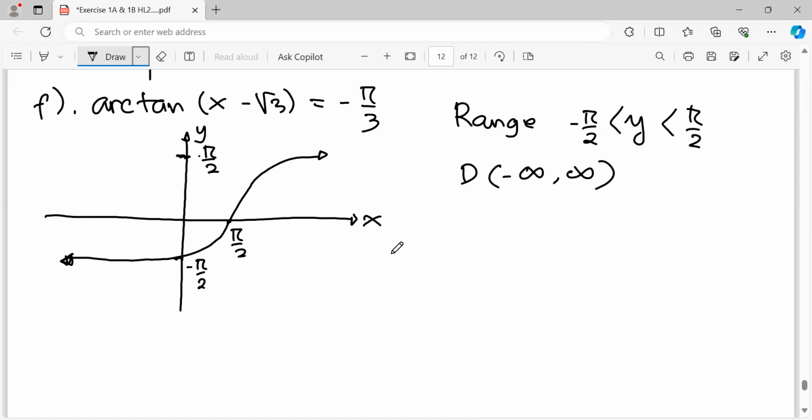So now we are going to determine the value of x. Arctangent means tangent power negative 1.